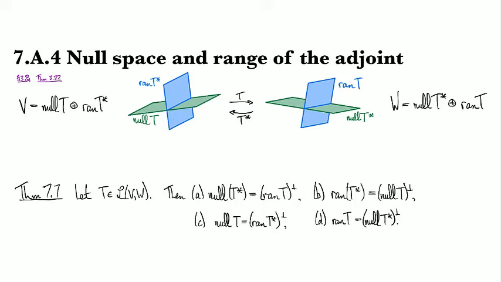The book presents it just in terms of the dimension of V being equal to the dimension of the null space of T plus the dimension of the range of T. But I told you that there was a little bit more going on. There was actually the null space and then some other thing. Back then we didn't know about adjoints, and so this was just some other thing, W, that happened to have the same dimension as the range of T.